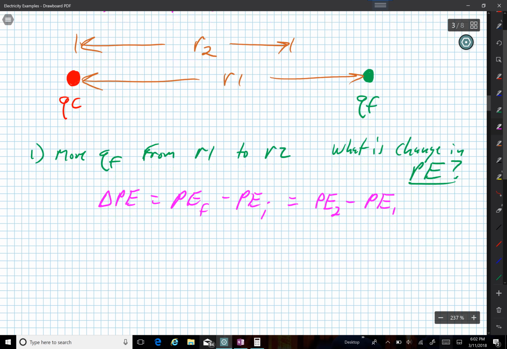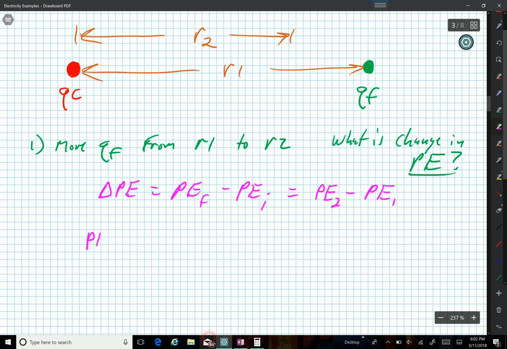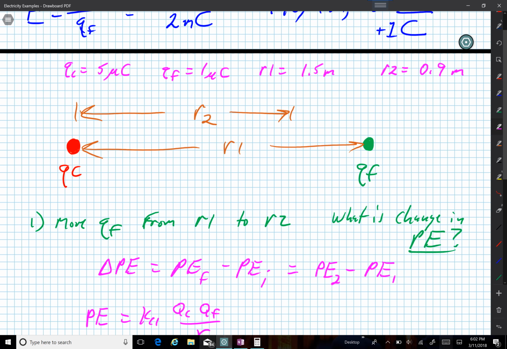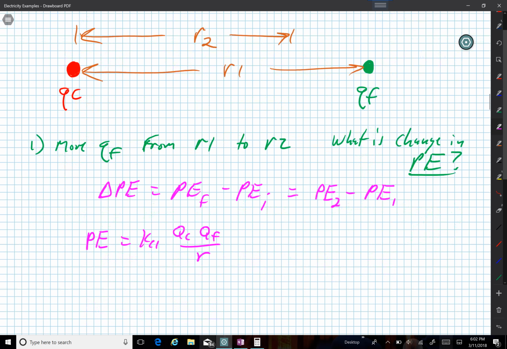And if you remember, our calculus result, PE, was K electric QC QF over R. And both our charges are positive. That's the way we've got it.